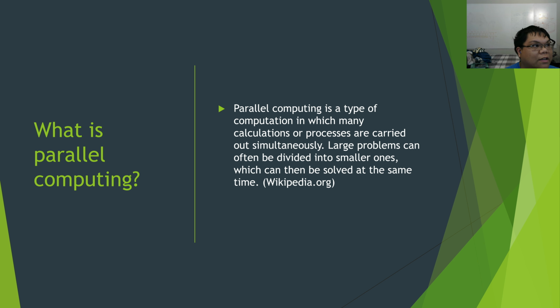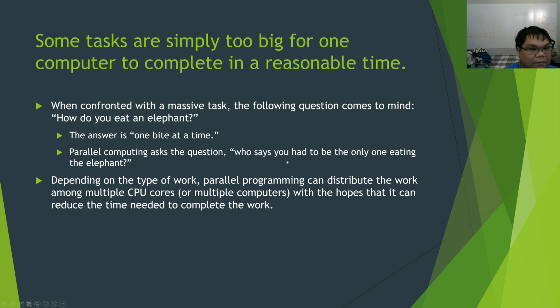I've shown an example of that in last week's video as well. So at some point, you're just going to have a task that's simply too big for one computer to complete in a reasonable amount of time.